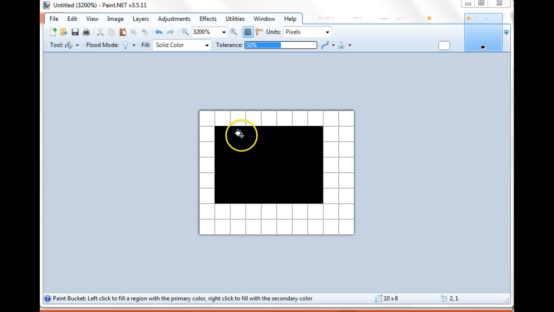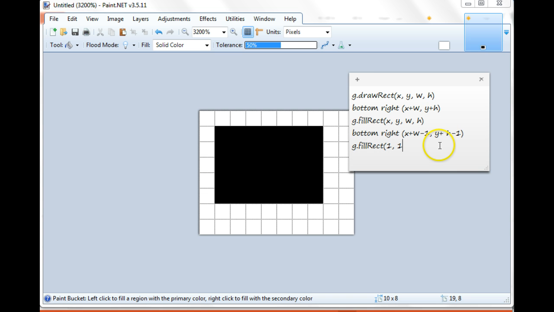So 1, 2, 3, 4, 5, 6, 7. So the actual width is 7, and the actual height, 1, 2, 3, 4, 5, is 5.